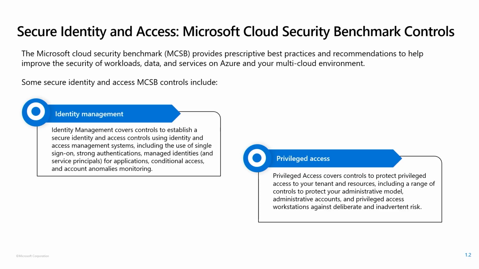Just highlighting two examples here is identity management on one side, mainly covering controls to establish secure access to systems and applications, such as strong authentication, multi-factor authentication, conditional access, and identity monitoring. And privileged access on the other side, which covers controls to protect privileged access. Think of Azure role-based access controls, but also privileged access workstations.